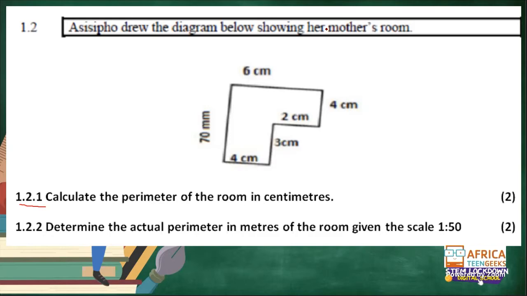So 1 minute left for 1.2.1. 30 seconds. What is the perimeter of this room on paper?